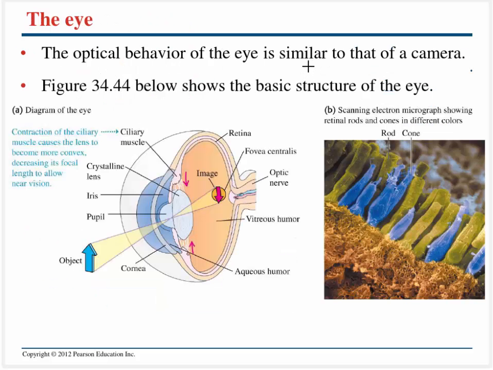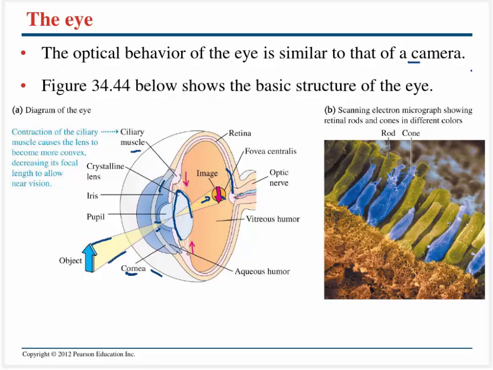The eye is actually going to behave very similar to a camera, in that we're going to have some object. It's going to come in, it's going to enter the cornea right here, which is essentially going to start to focus it down, and then we're going to have a second lens right here with some muscle that can flex the lens a little bit, changing where the image is going to occur and how sharp the image is.